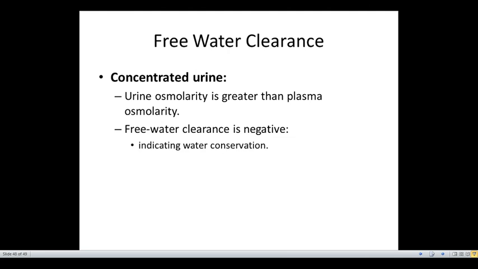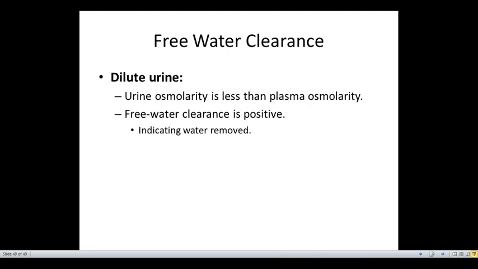And in dilute urine, urine osmolarity is less than plasma osmolarity, and free water clearance is positive, indicating the water is being removed.